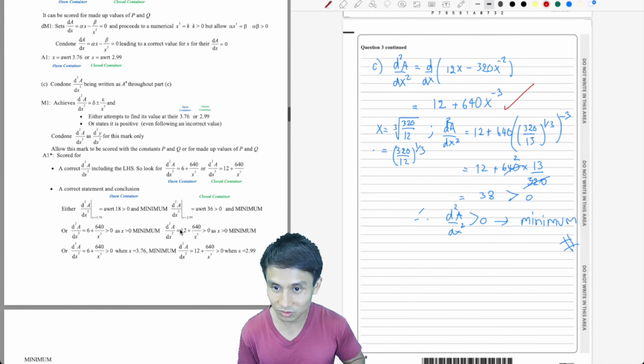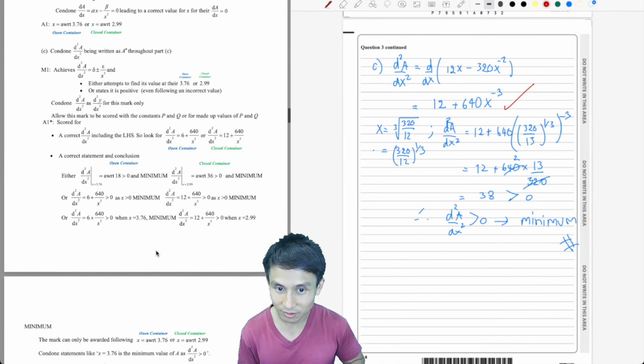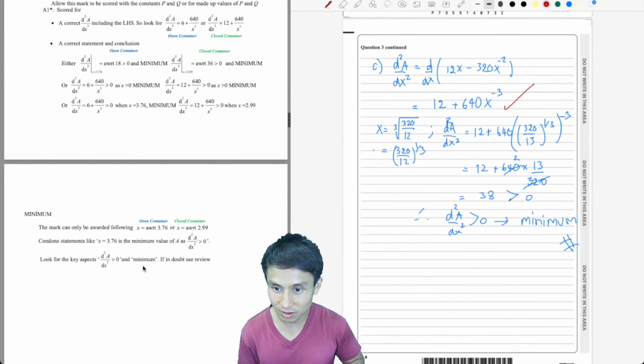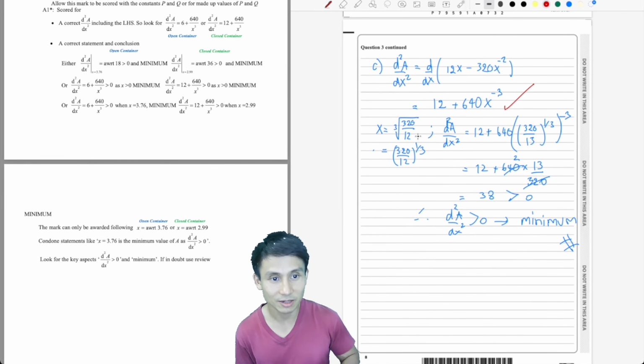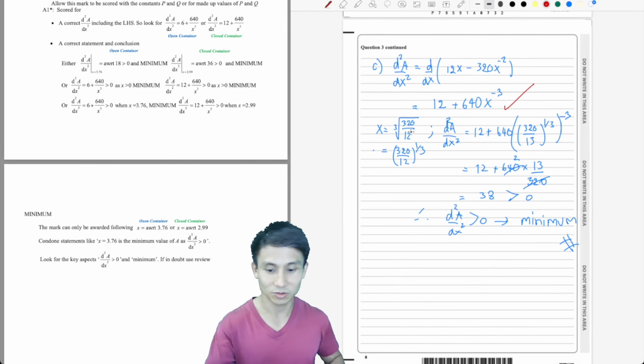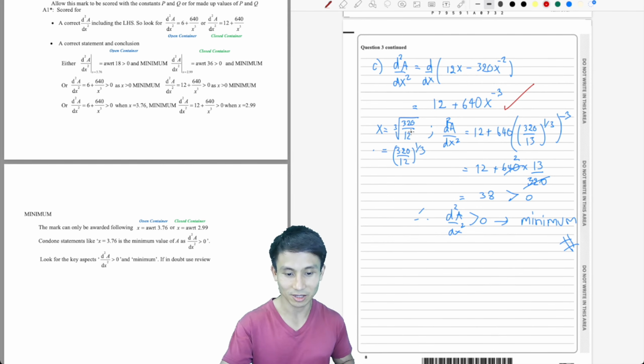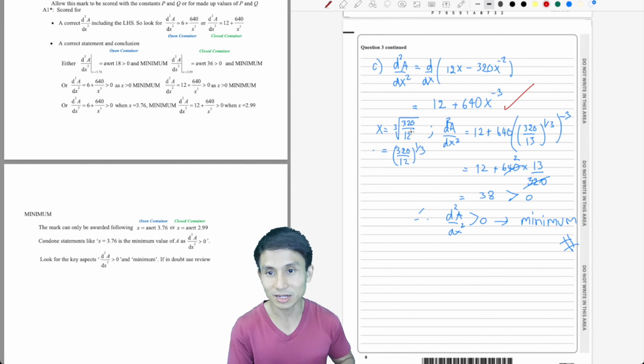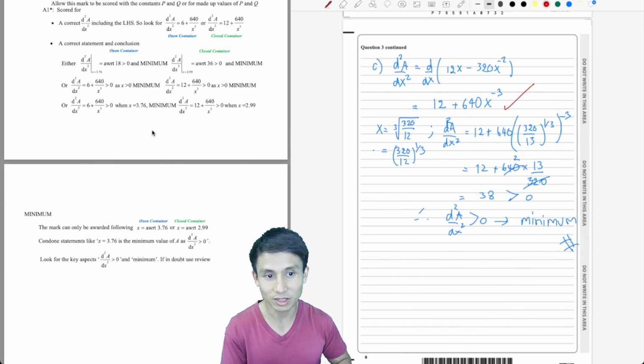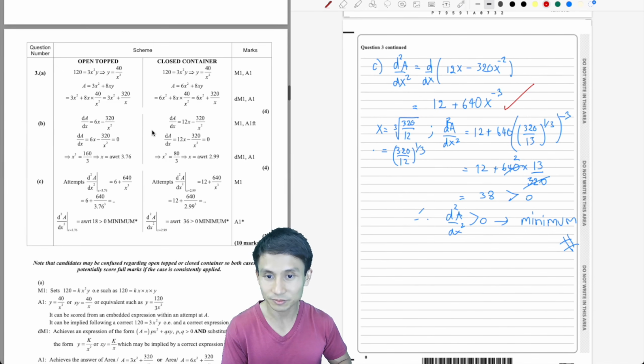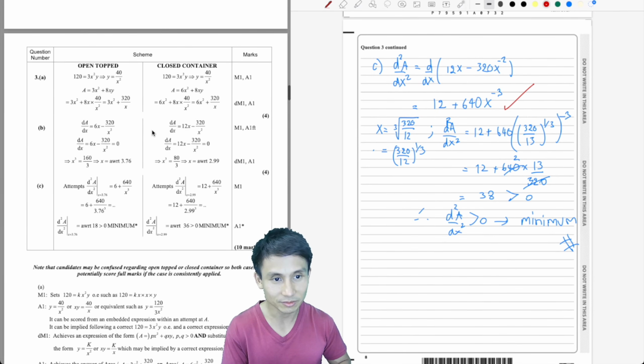So for the closed container, yeah, which one did I sub? I think I subbed the whole thing in there. So let's actually check in the calculator again. So I sub the exact value of 320 over 12 cube root.